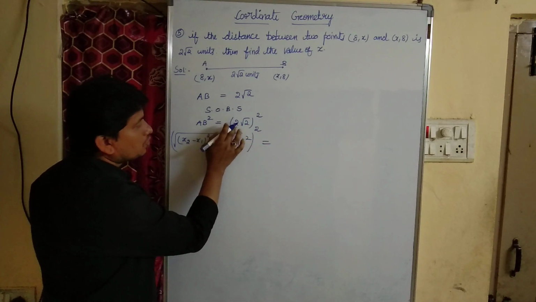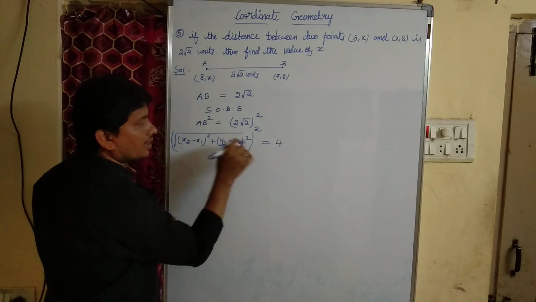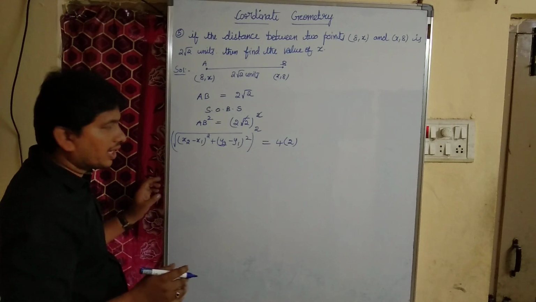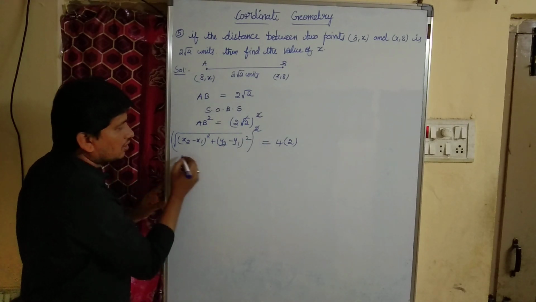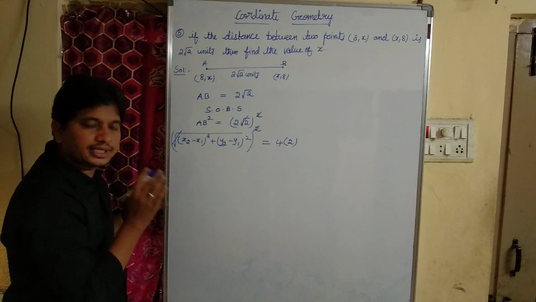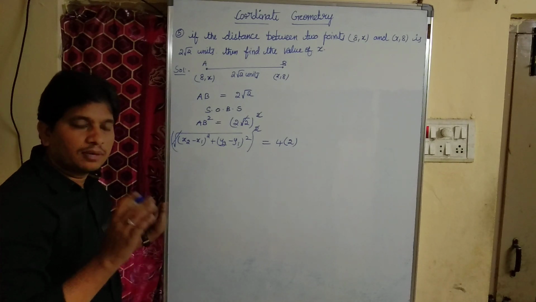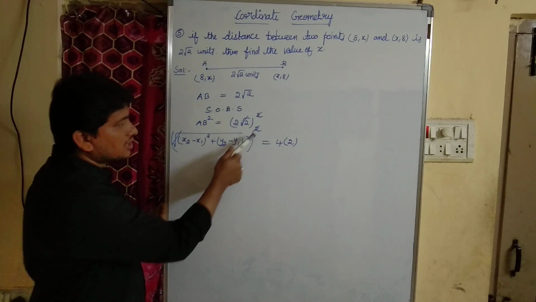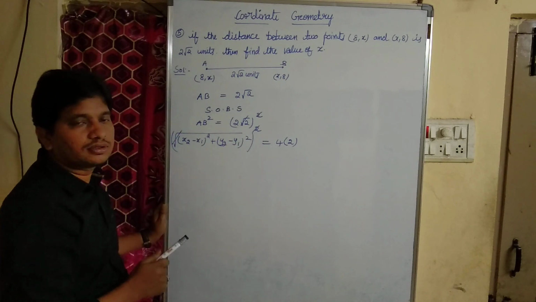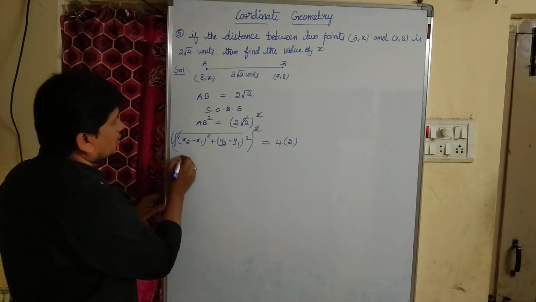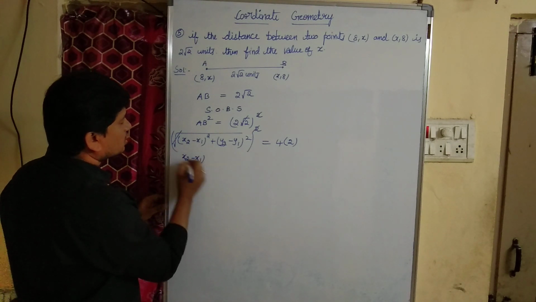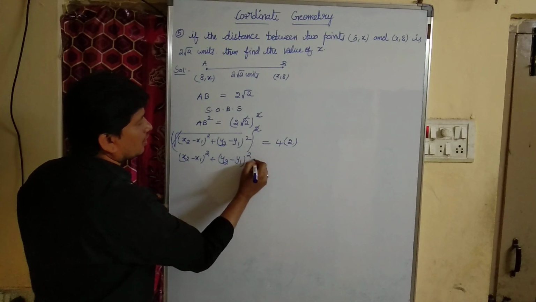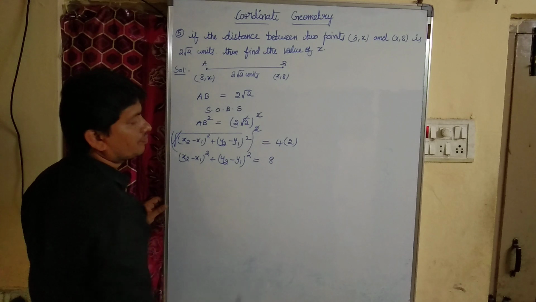So first 2 square is 4 and then the square root gets cancelled, we have 2. Again children, here square and square root both get cancelled, just as plus and minus cancel. Now we have only (x2 minus x1) whole square plus (y2 minus y1) whole square equal to 4 into 2, 8.